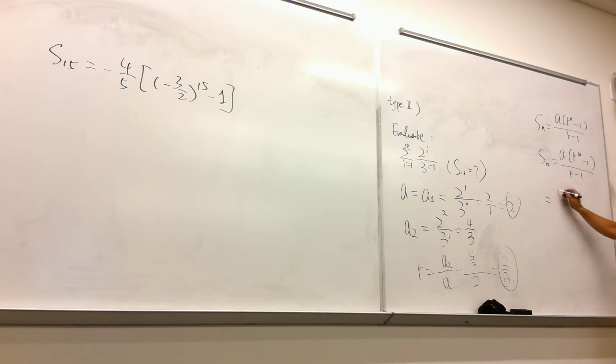So A, the first term, is 2 times R, which is 2 over 3, to the power of 10 minus 1, and then over R, which is 2 over 3, minus 1. Which equals 2 over 3 minus 1.